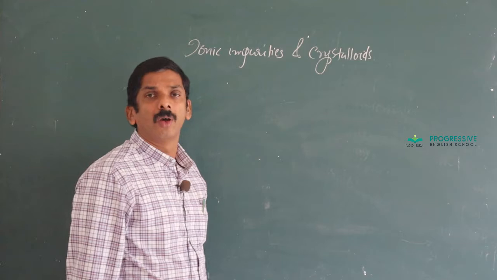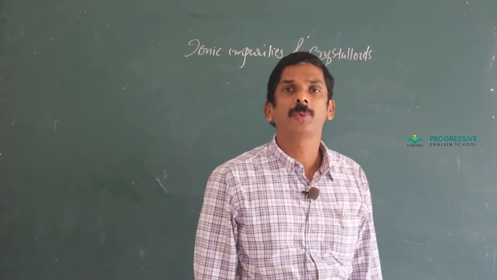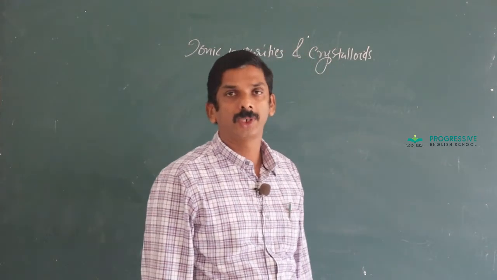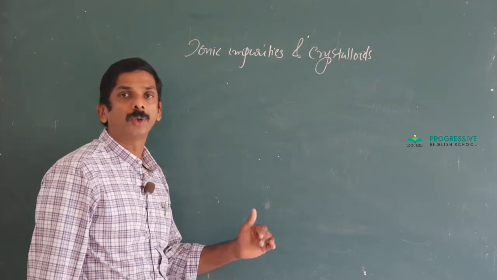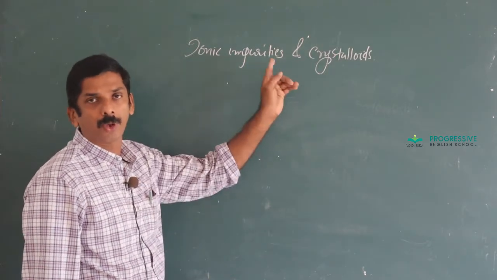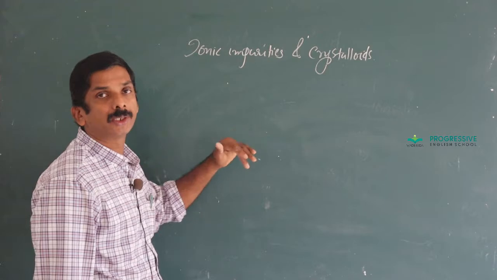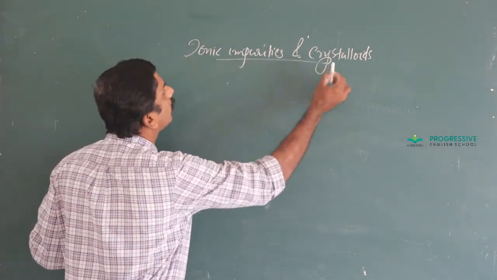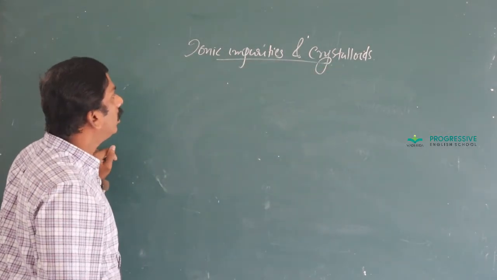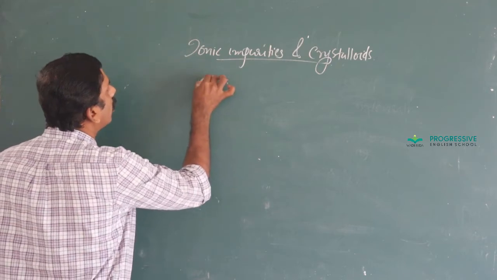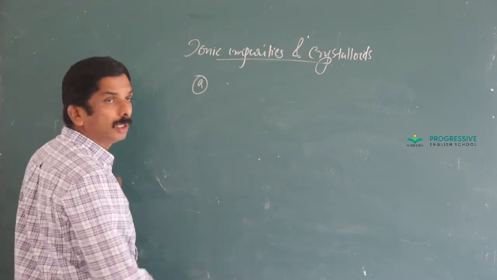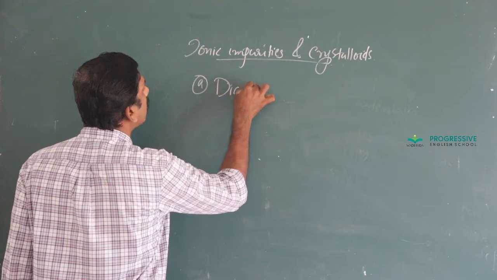And the next is, what are the different methods for the purification of colloid? That is, the impure colloid is converted to pure colloid. That is called purification. How is that purification carried out? The first method for purification is dialysis.